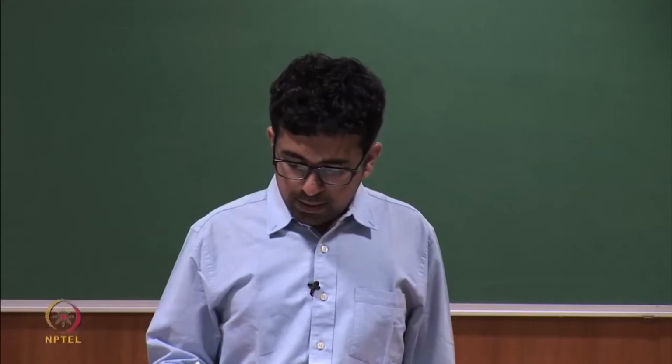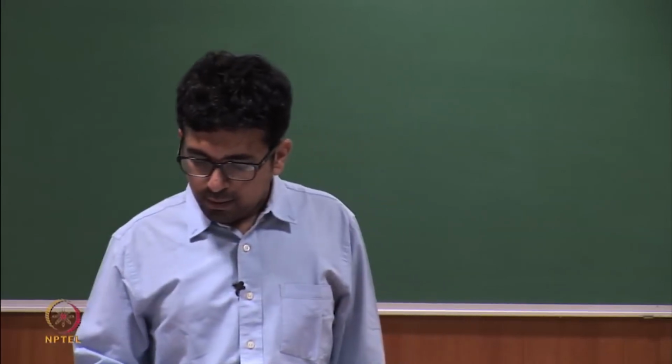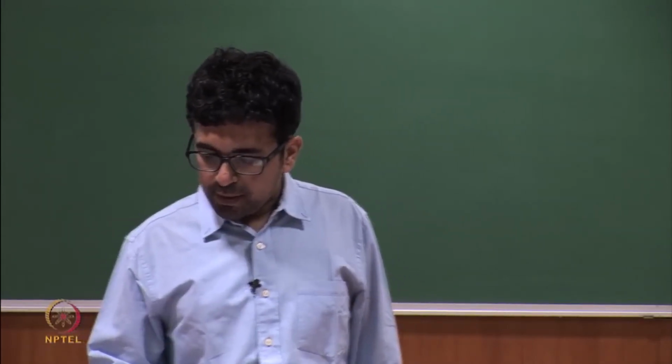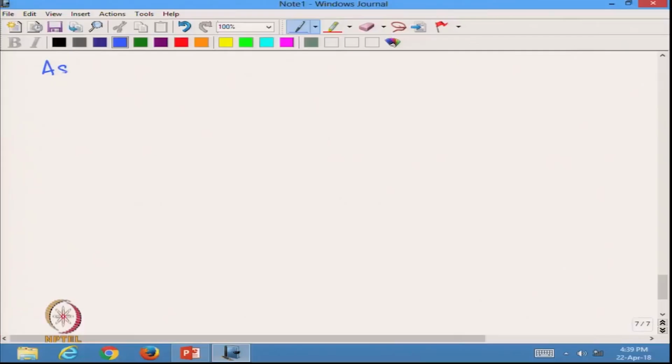Okay, so there is another definition before we close, which I want to talk about, which is asymptotic stability. This just means that you are stable and you are convergent.